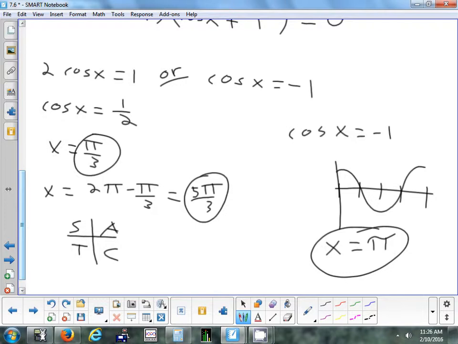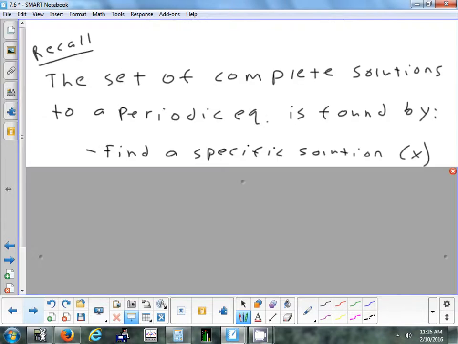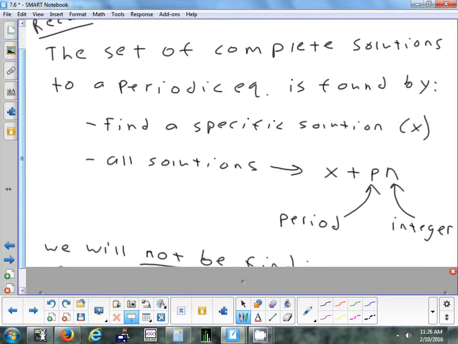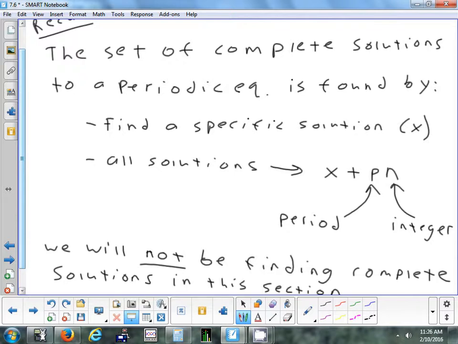All right, let's try. Actually, this part, I just want you to read it. You don't have to write this down. We've talked before about finding all solutions. We're not finding all solutions in this section. I want you to remember that there are infinitely many solutions.